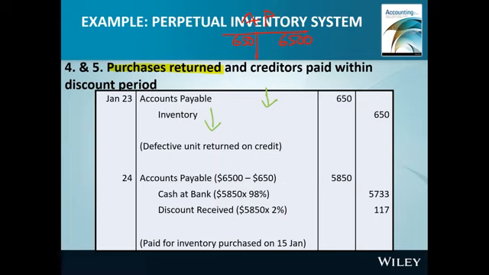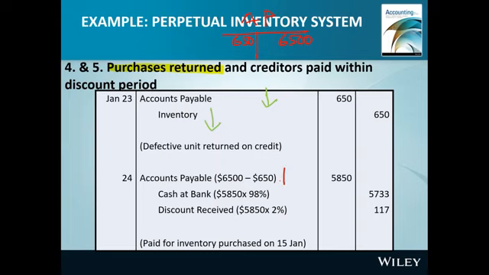So account payable reduces. This is discount received. Discount received is when we make payment to our supplier. When we receive an early payment from our customer, we give them a discount. That is discount allowed. Discount received, what we receive, is revenue. Discount allowed is an expense.